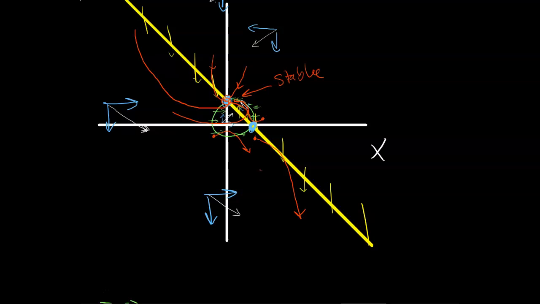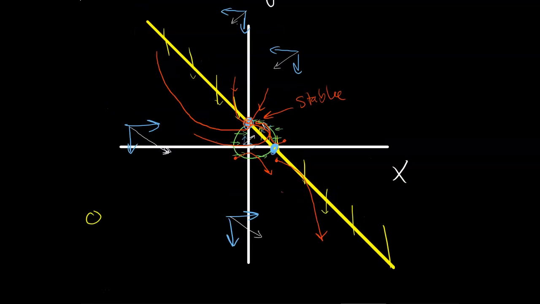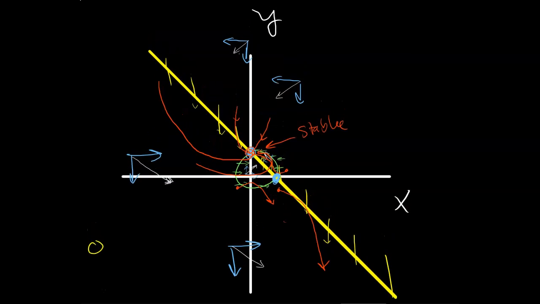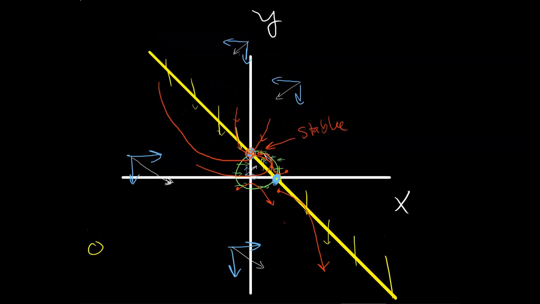It's good to also remind yourself that since we are not explicitly graphing time, since we have x and y here, I don't know how fast solutions go along any of these different curves. But we do know that if they're near this equilibrium point, they will tend towards it. If they're near the one down here, they'll tend away. So we should just mention that this bottom one is unstable, since that's what part D asks us.